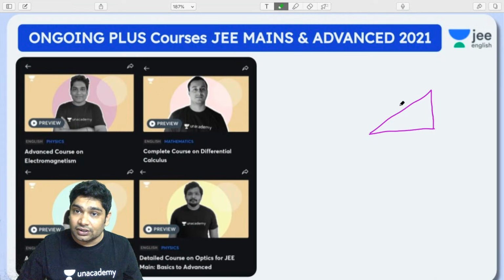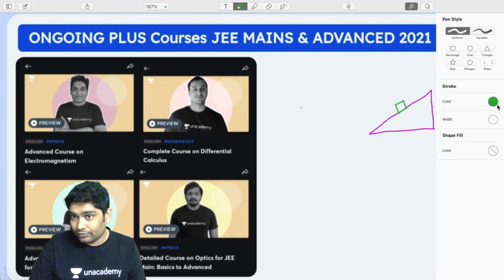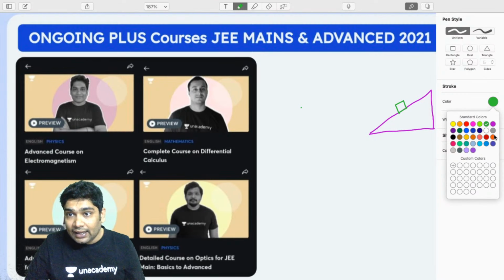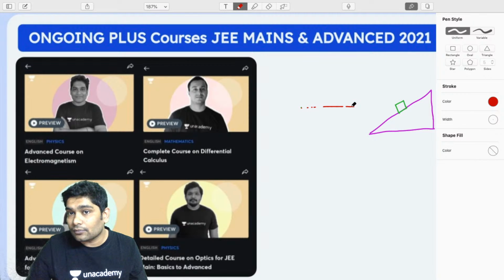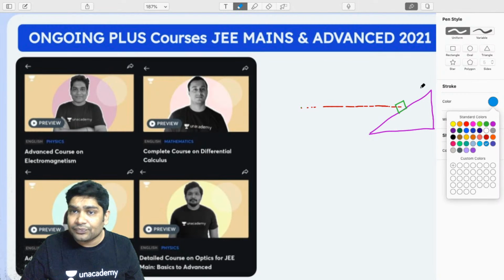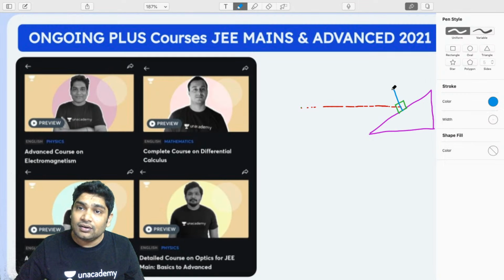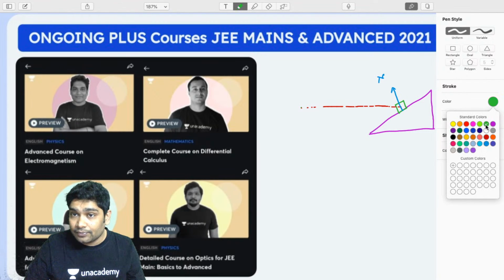If you draw the FBD of this car, which is trying to take a turn, and let's say this is the center, what are the various forces acting on it? One, you will have N. Another, you would have mg.